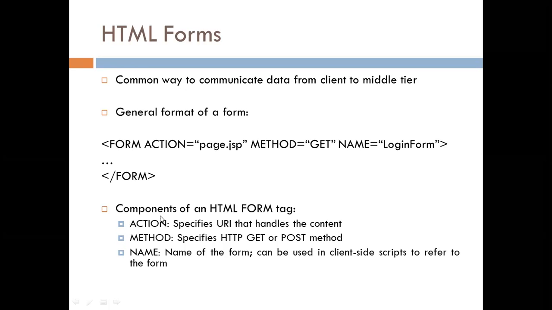Whatever is typed can be read. Then method indicates whether it is HTTP get or post. Name is the name of the form, which is only useful in client side scripts if you want to read the elements.